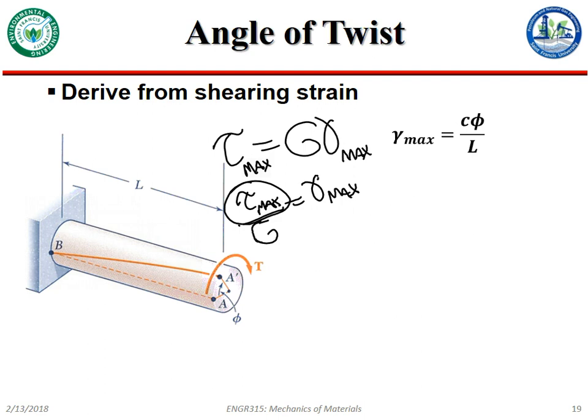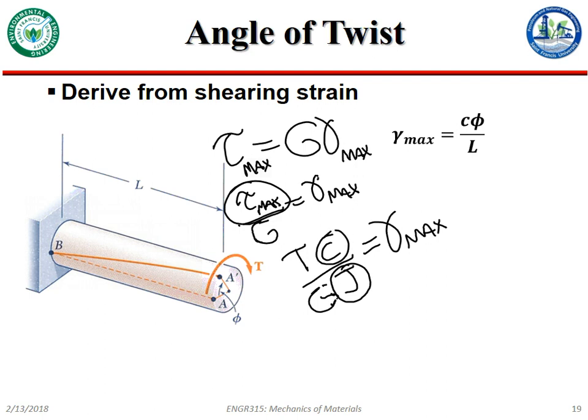All right. So if I take that and substitute that in, TC over J, I come up with this expression for the maximum shear strain. And that I can work with, because that's a geometric property.